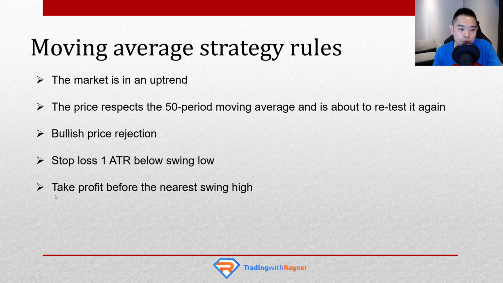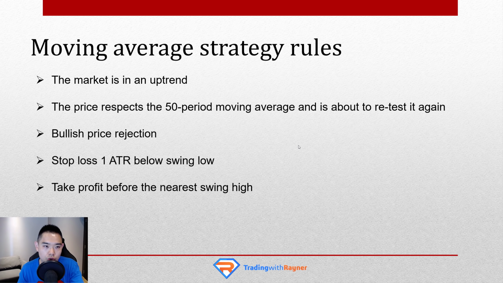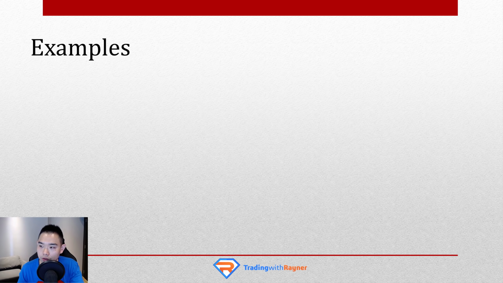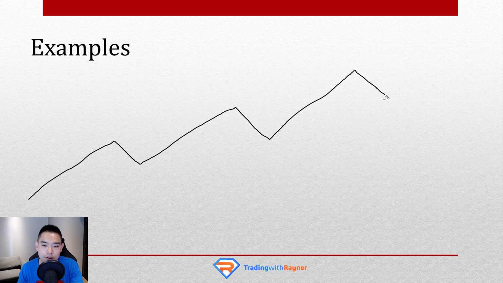And finally, you can look to take profit just before the nearest swing high. All along, this looks something along these lines. Let me just draw how this will look. We are looking for the market to be in an uptrend, for the market to respect the 50-period moving average. We are looking for at least 2 tests. Over here, we have 1 test and 2 tests.